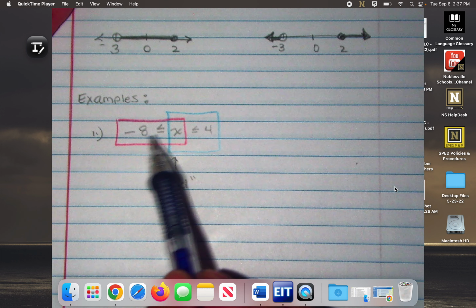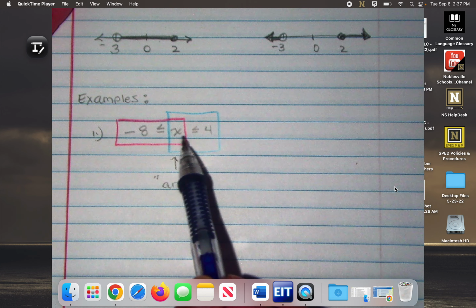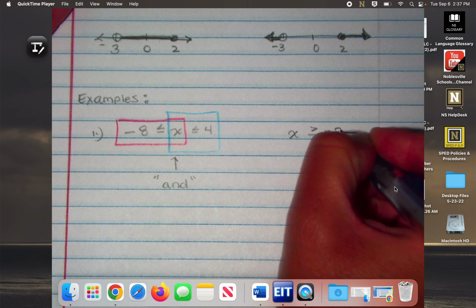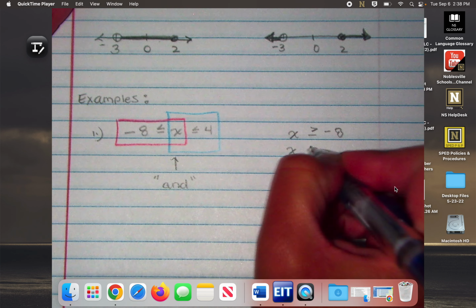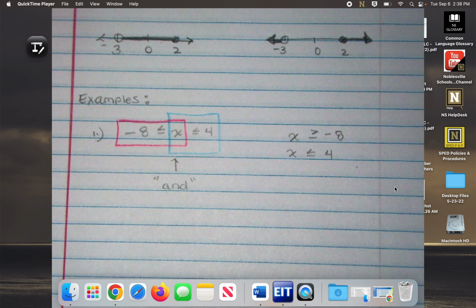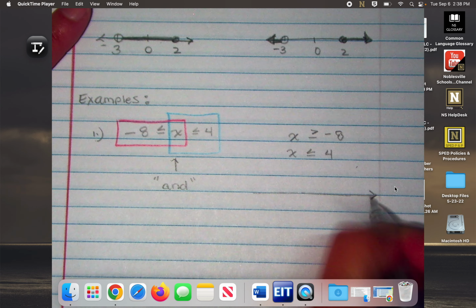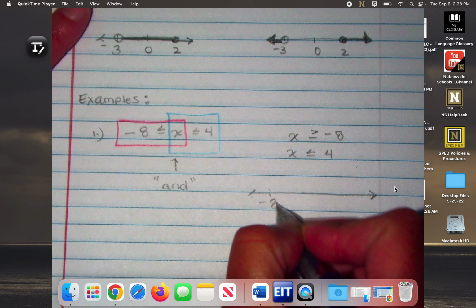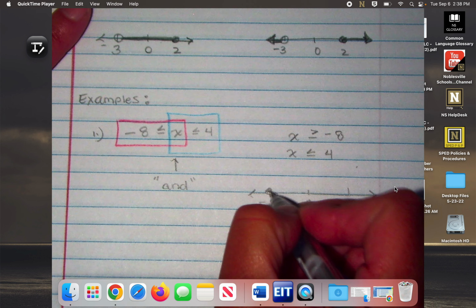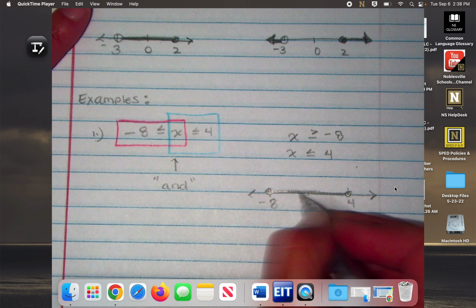Okay, so the 2 inequalities I have here, remember I'm going to always put my variable on the left. So what I have here is x is greater than or equal to -8, and I have x is less than or equal to 4. So when I graph this, I'm going to have 2 closed points, greater than or equal to, less than or equal to.